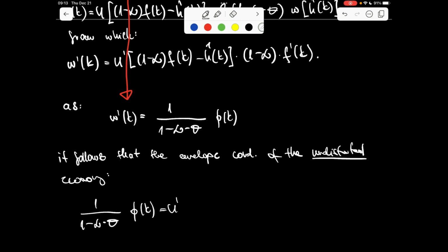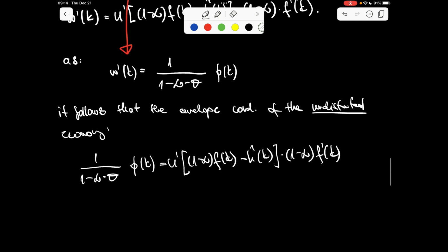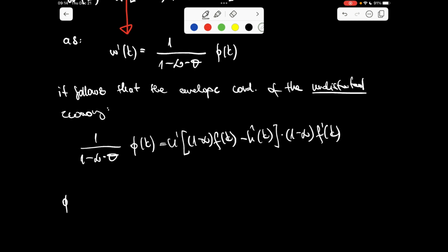And now we are getting to a very important point. One more step, and this is the point where we should get to the envelope condition of the distorted economy.